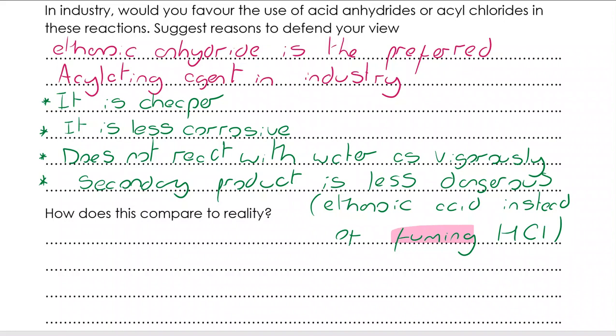So we're thinking about the dangers of inhaling HCl fumes. We're thinking about the higher temperature. We're thinking about the extra damage that could cause, the greater vigorousness of reactions when something's gaseous rather than liquid. So for all of those reasons, we would use acid anhydrides.